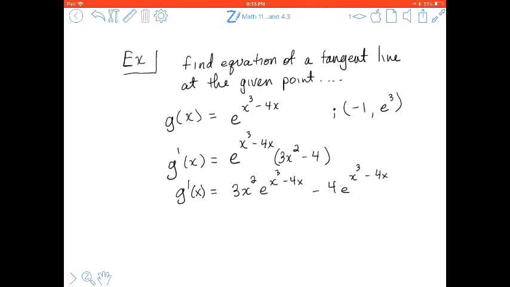Now the derivative is a function that can tell us the slope of the tangent line at a given x value. The given x value is -1, so we need to plug -1 in for all the x's. So the value of the derivative at -1 would be plugging -1 in for all the x's.